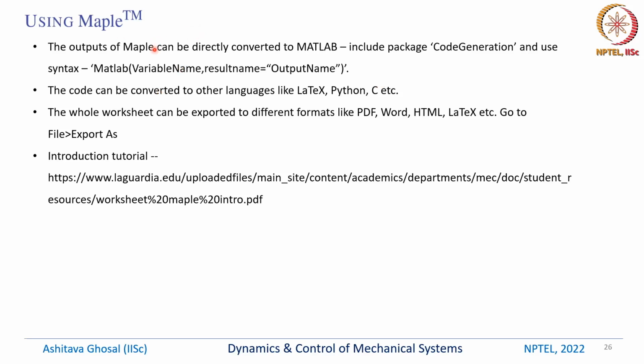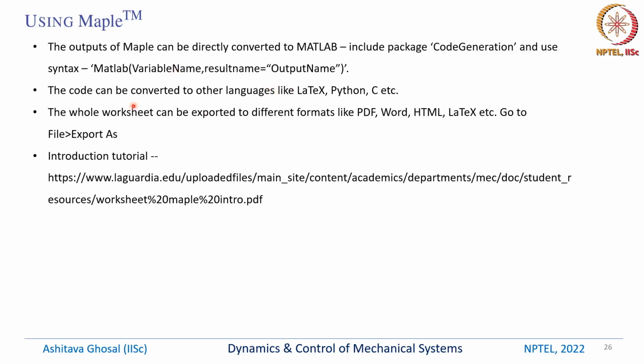So we can convert whatever Maple is producing, all the symbols and expressions, into MATLAB by using a package called code generation. Basically we use the syntax MATLAB, variable name, result name, and output name. So we can give these variable names and we can get a MATLAB code which we can run in MATLAB.